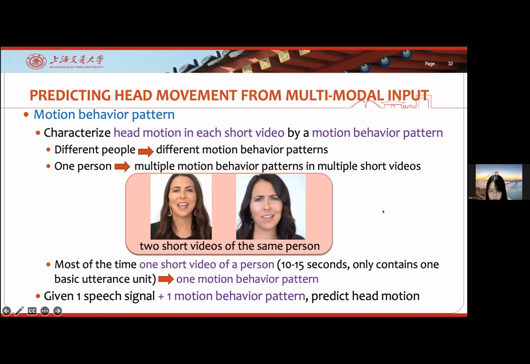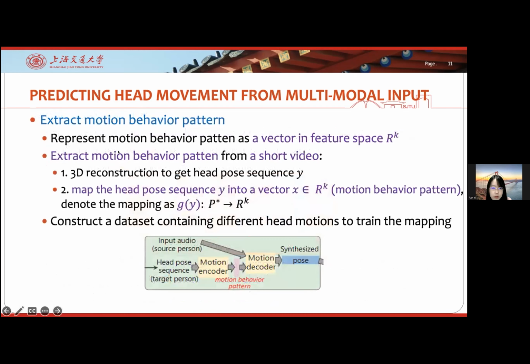We represent the motion behavior pattern as a vector in a feature space. We extract the motion behavior pattern from a short video in 2 steps. The first step is to get the head pose sequence from a short video. To get the head pose sequence, we use a 3D face reconstruction method.